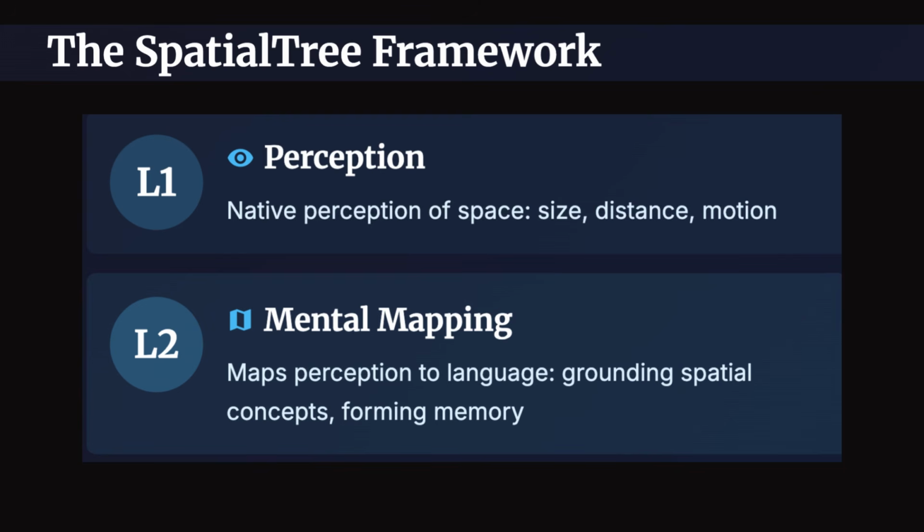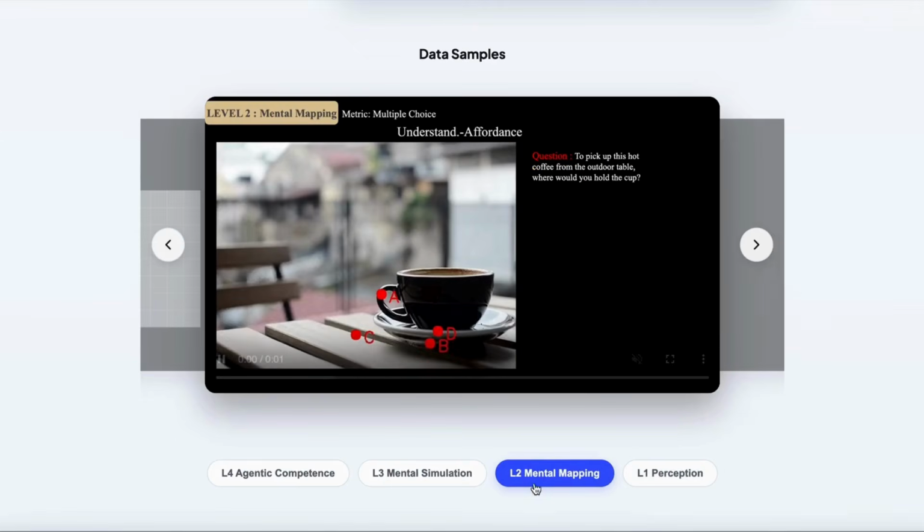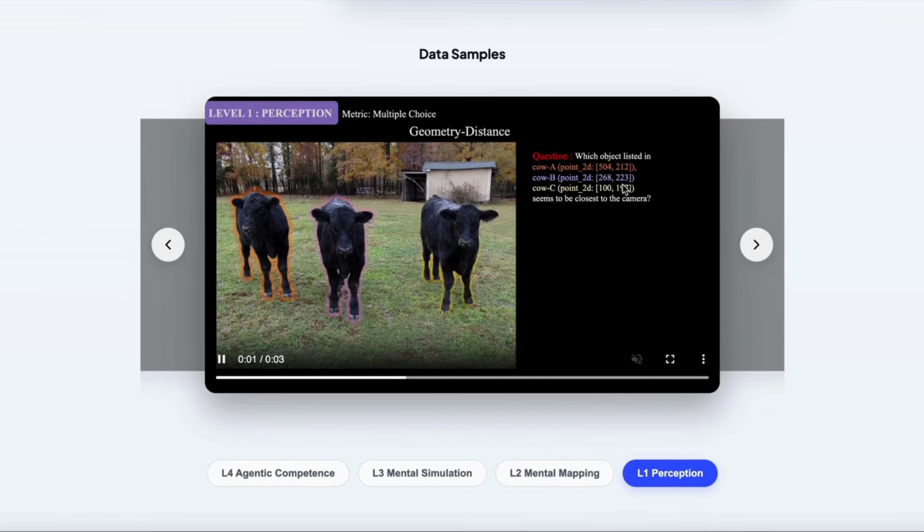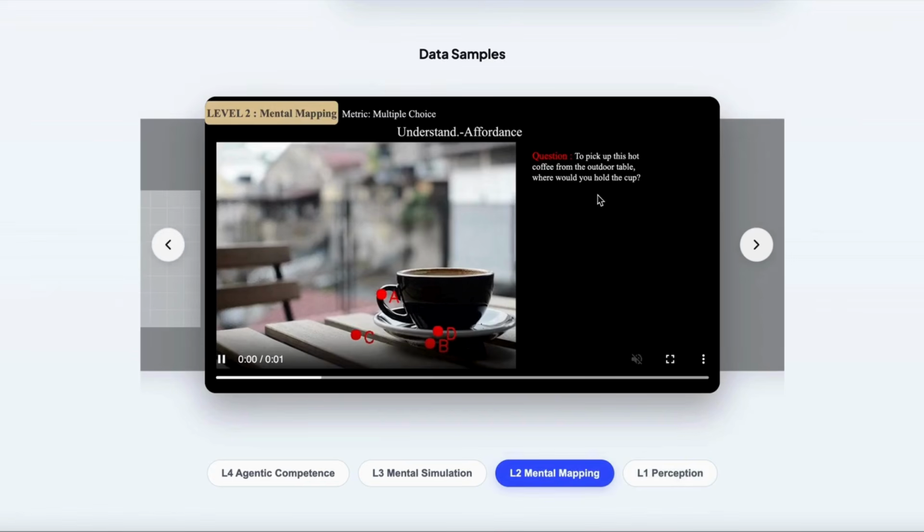Instead of merely detecting objects, the model can now describe relationships. What's next to what, what's above or behind. It builds an internal mental representation of space, one that can be reasoned about, recalled, and communicated through language. This is the bridge between seeing the world and talking about it.